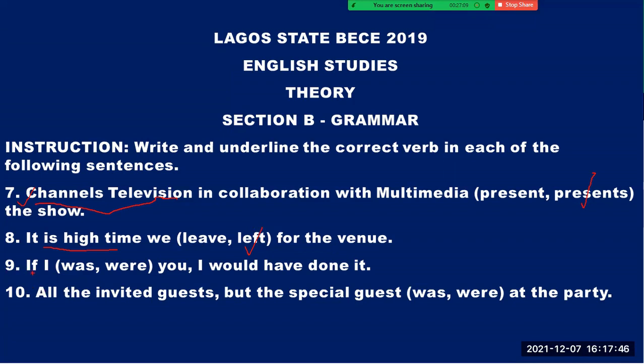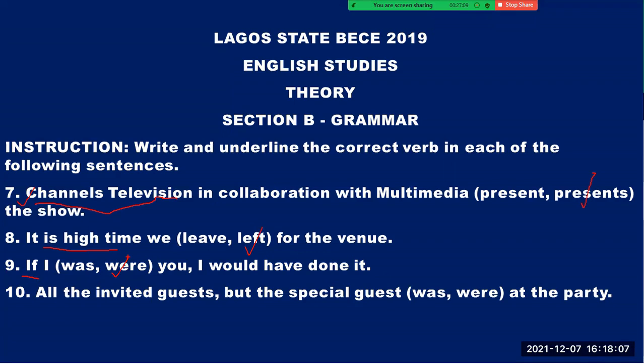Question number 9. If I was or were you, I would have done it. Anytime you see if, what follows must be were. If I were you is actually a hypothetical clause, all right?